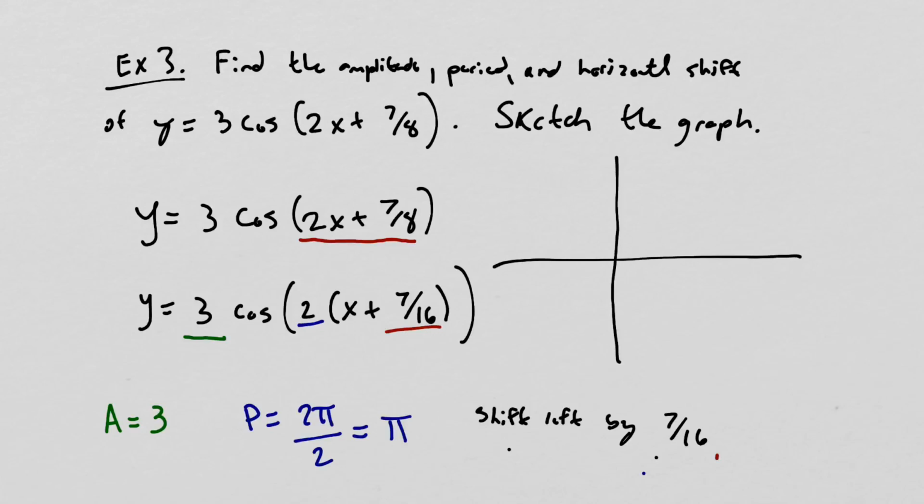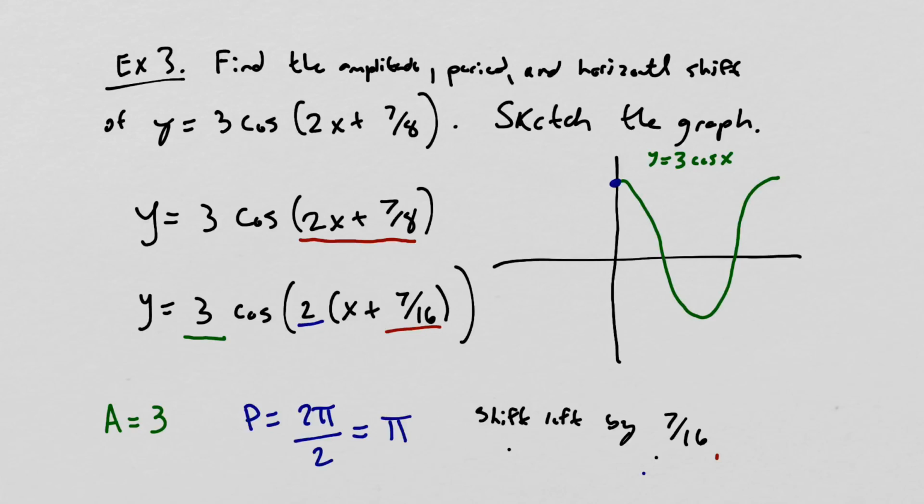So we can go ahead and do this. Let's let the green curve correspond to our function with an amplitude of 3. So this green curve will be y is equal to 3 cosine of x. And let's only draw from 0 to 2 pi. And then the blue curve will be our horizontal compression.